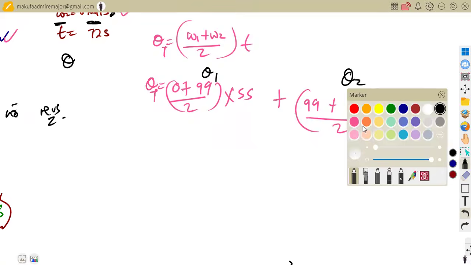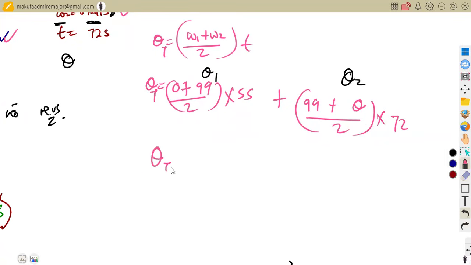But if you are to do this, you're going to obtain the total theta in radians, which was going to give us 6,286.5 radians.